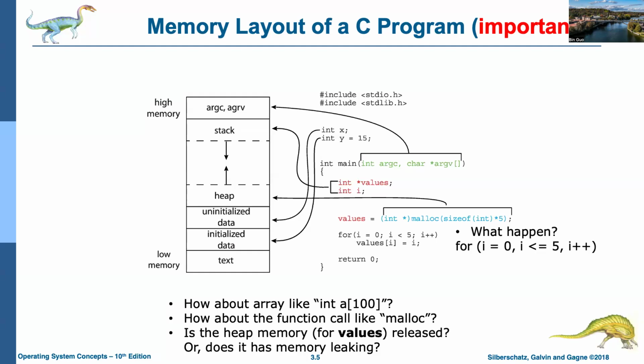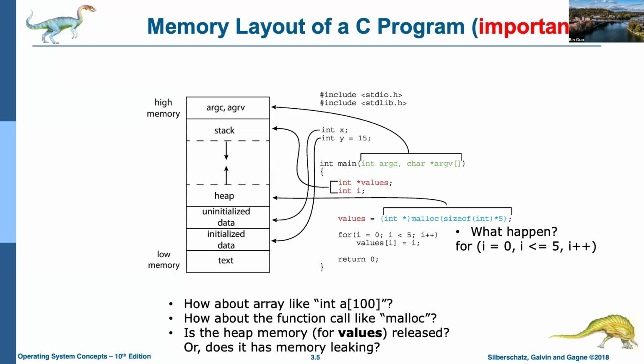Firstly, malloc has a parameter of size of int times 5. Size of int is 4, right? Times 5 is 20. 20 is the parameter. This parameter will be stored in the stack. Like I said, this is a function call. The parameter will be stored in the stack.